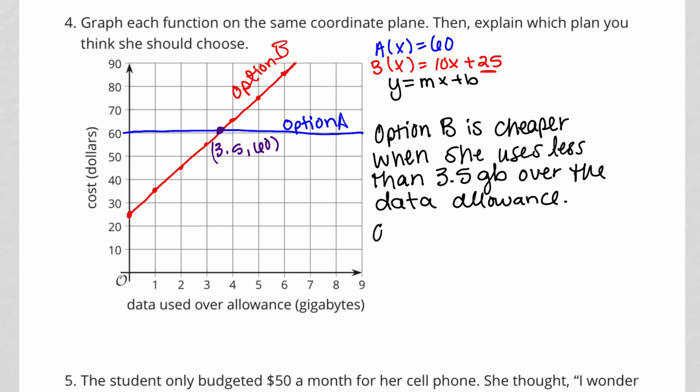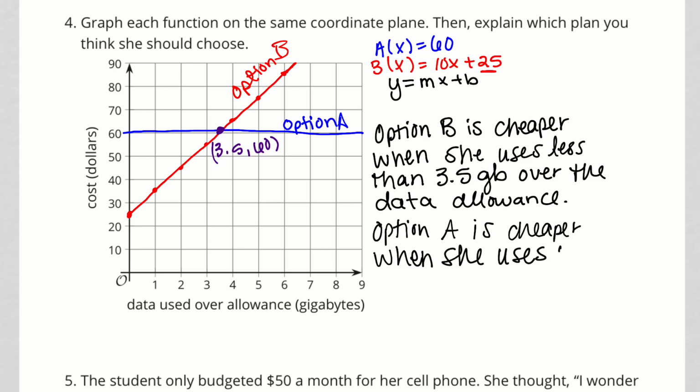Option A is cheaper when she uses more than 3.5 gigabytes over the data allowance.